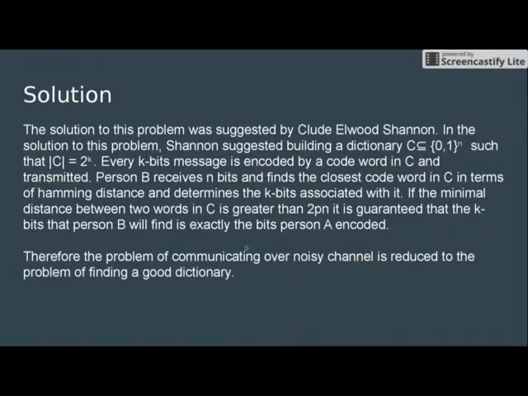If the minimal distance between two words in C is greater than 2pn, where p is the proportion, it is guaranteed that the k bits that person B will find are exactly the bits person A encoded. Therefore, the problem of communicating over a noisy channel is reduced to the problem of finding a good dictionary. So the person has to just find a good dictionary to reduce the problem of the noise.